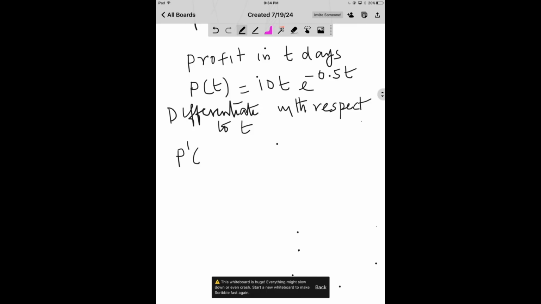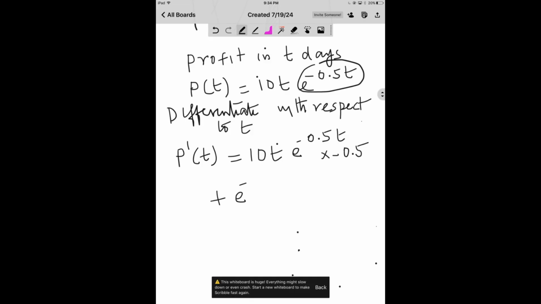So p dash t, or dp by dt, equals 10t is the first function, leave it like 10t, and differentiate e raised to negative 0.5t. The derivative of e raised to x is e raised to x itself, so e raised to negative 0.5t times negative 0.5. Then plus, leave the second function just like that, so e raised to negative 0.5t times the derivative of 10t, which is 10.